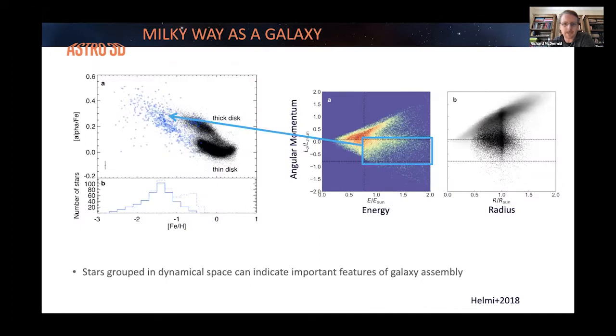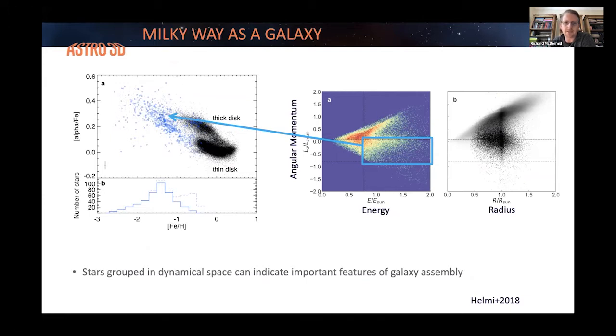And there's some really exciting examples of what you can do when you do this really well. Here we're looking at the discovery of a rather important merger event in the Milky Way's history, referred to as the Gaia Enceladus and sometimes called the sausage. And this was really detected by highlighting overdensities of stars in their integral space or their integrals of motion.